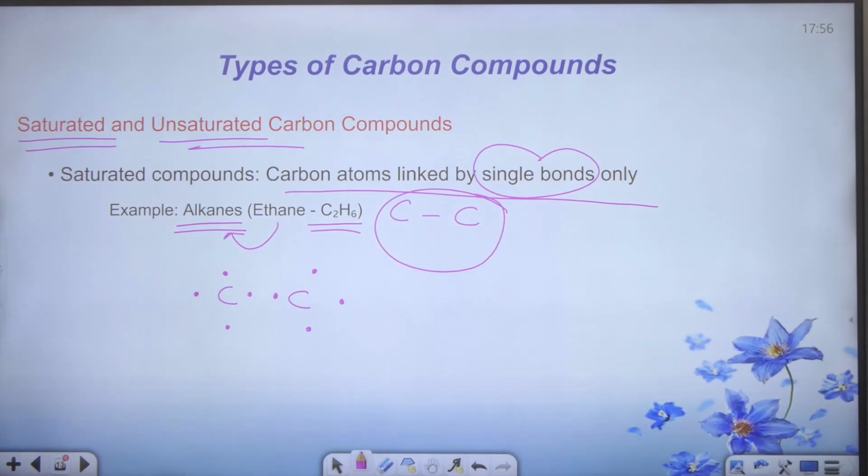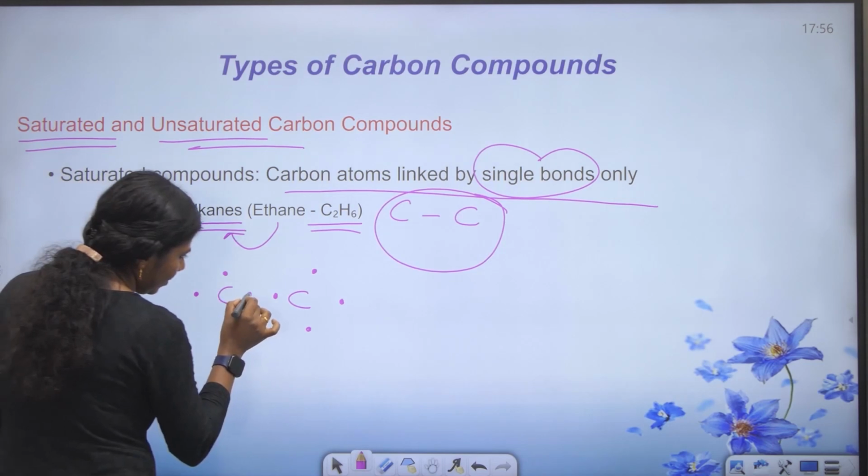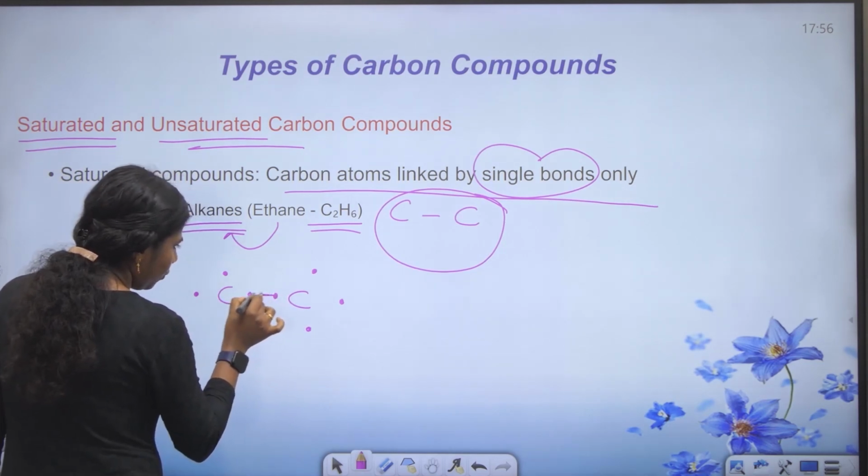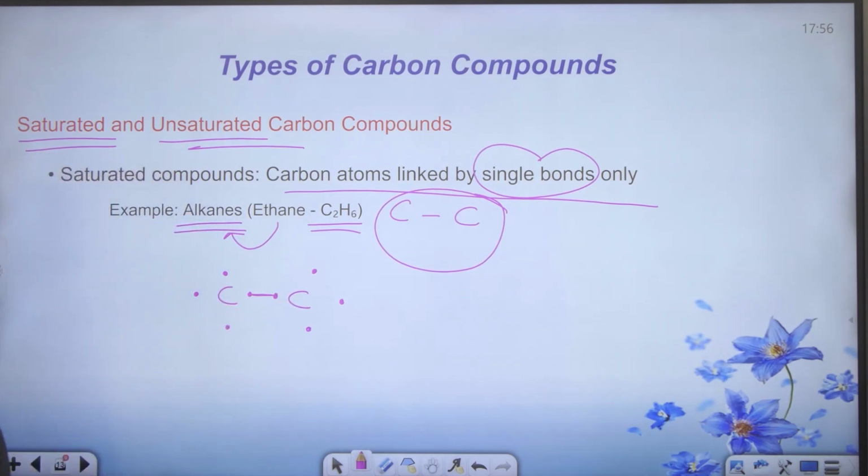Ethane is C2H6, so 2 carbon atoms are present and connected. The 2 carbon atoms share this pair of electrons. One valence is satisfied, then another 3 valences are unsatisfied.